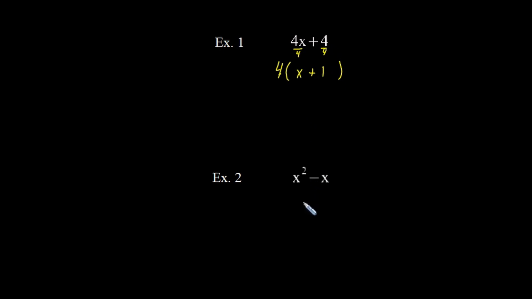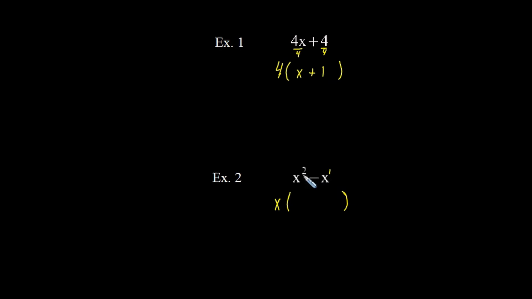All right, so looking at example 2, this problem has a variable GCF. We can recognize that because we have the same variable in both terms. Anytime you have the same variable in all the terms of the polynomial, we know we have a variable GCF. And with a variable, you can identify what the variable GCF is by looking at the exponents.